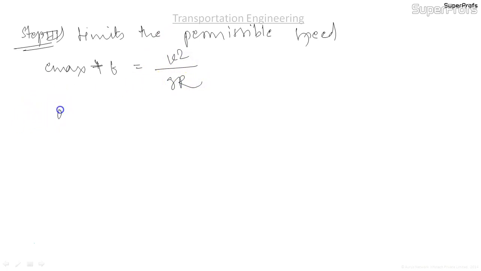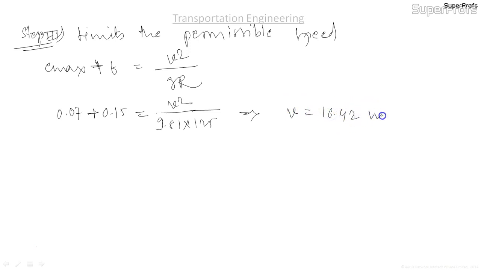So Emax is 0.07 plus 0.15 equal to V square upon 9.81 into 125, which stands for V equal to 16.42 meters per second, which is equal to 59.112 kilometer per hour. So this is the limiting velocity.